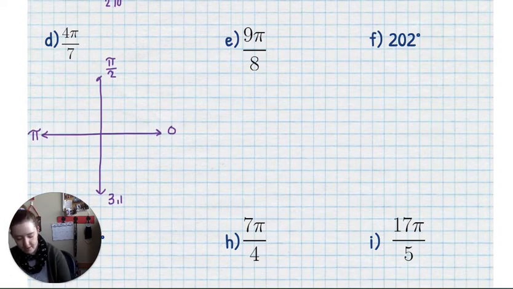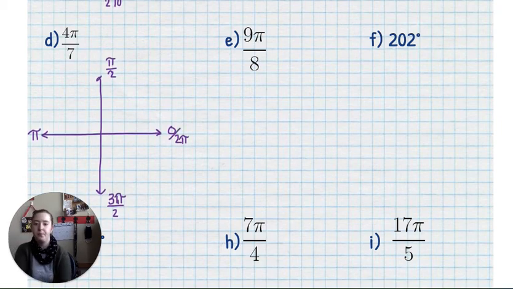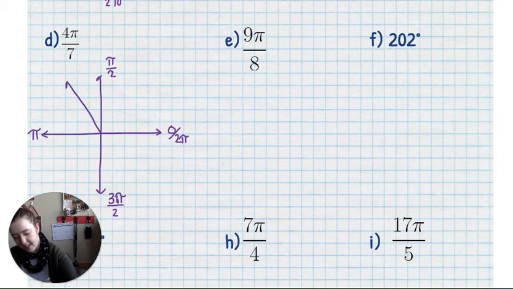This is 3 pi over 2, or 1.5 pies. And then we have 2 pi over here, same spot. Okay, so 4 pi over 7. Is 4 over 7 bigger than a half or smaller than a half? It's bigger than a half, right? So I know that 4 pi over 7 is going somewhere over here.